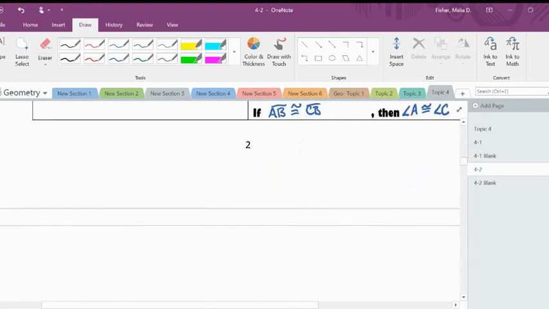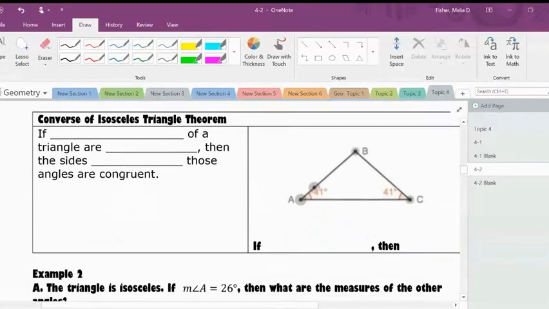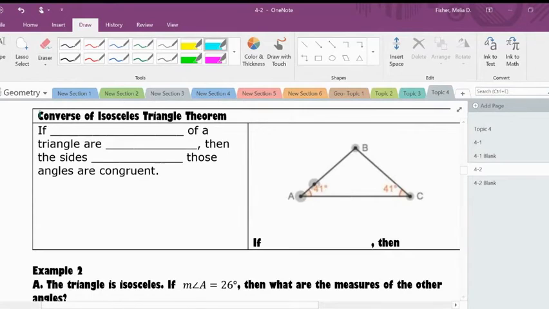We're going to roll right into the converse of the isosceles triangle theorem. I like to highlight the theorems. If two angles of a triangle are congruent, then the sides opposite those angles are congruent.